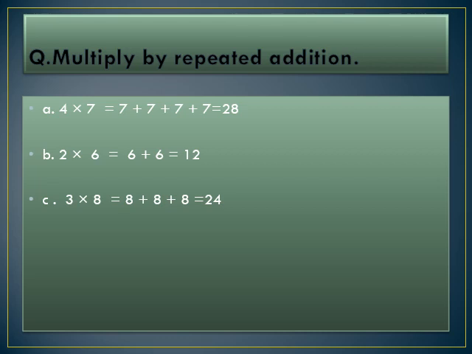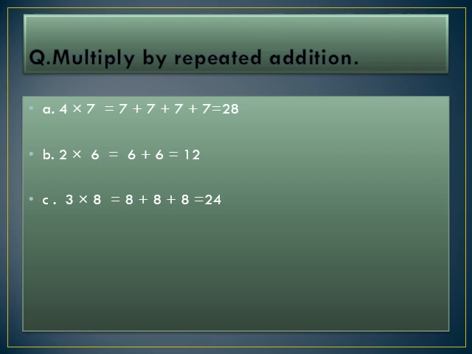B part. The question is 2 into 6. Here 2 into 6 means 2 times 6. So we add 6 2 times. That is 6 plus 6 is equal to 12.